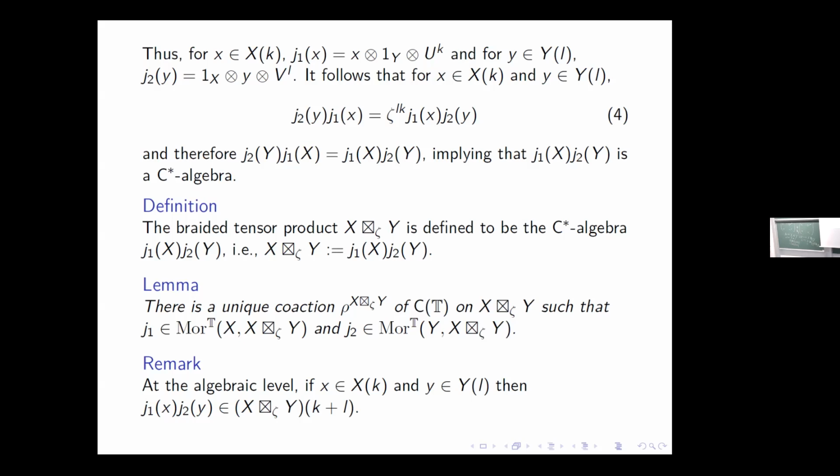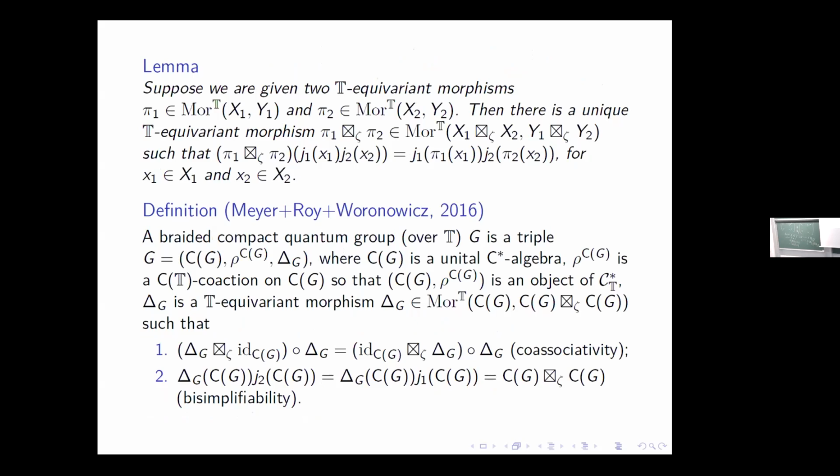So once we have the braided tensor product, the next thing is to look for how do I get the braided tensor product of morphisms. So that is what the lemma says. Suppose we have two equivariant morphisms, pi1 and pi2, going from x1 to y1 and x2 to y2 respectively.